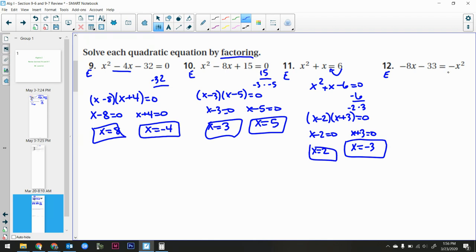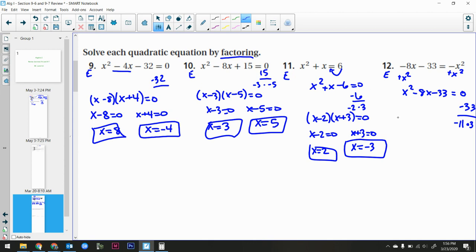Lastly here, I'm going to add this x squared over to this side, just like we did in that first problem in the warm-up. So we say x squared minus 8x minus 33 equals 0. Now factors of -33. That's -11 times 3, right?